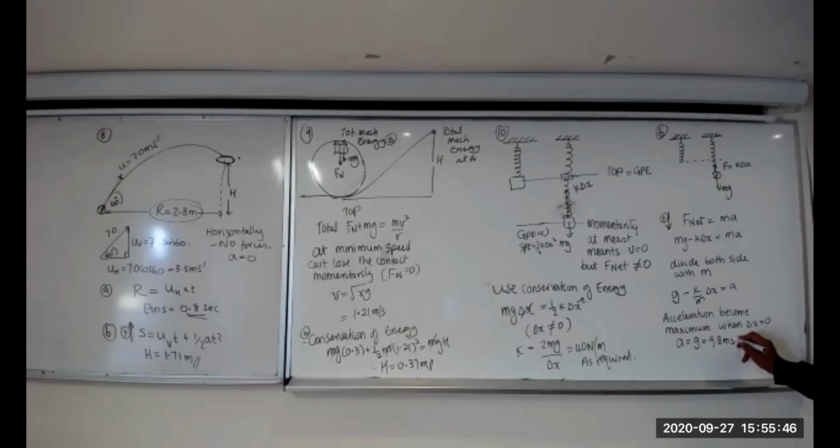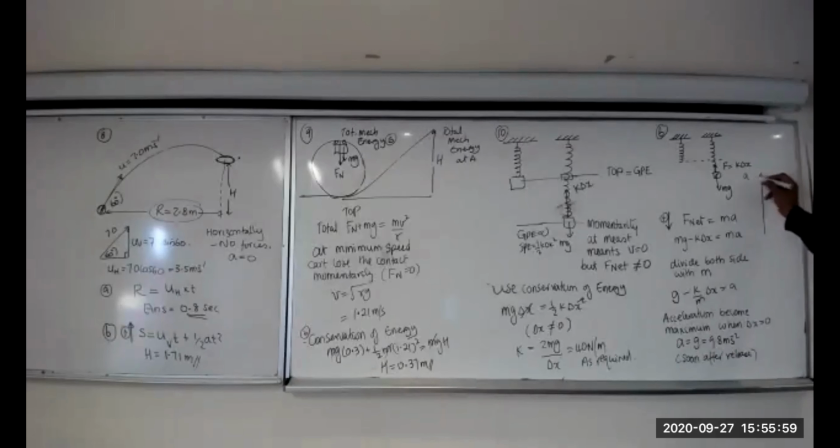So now you release the block. If you really want to plot a graph, that's the acceleration, and that's your delta x. The graph looks like that. This is where the maximum speed occurs, where acceleration is 0, because until that point the object is speeding up.